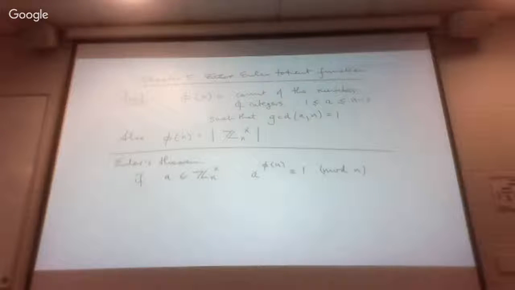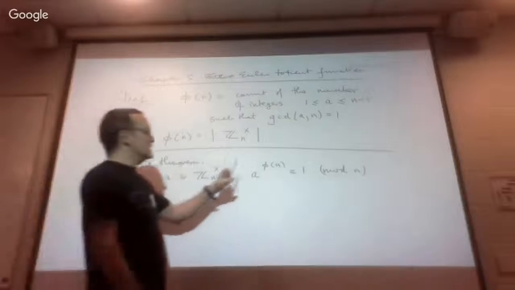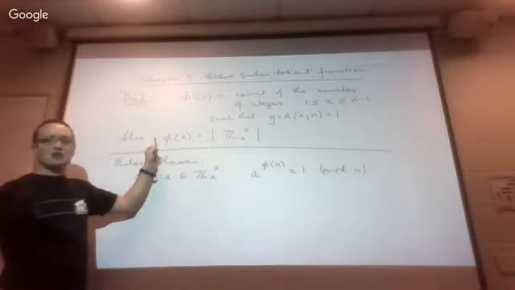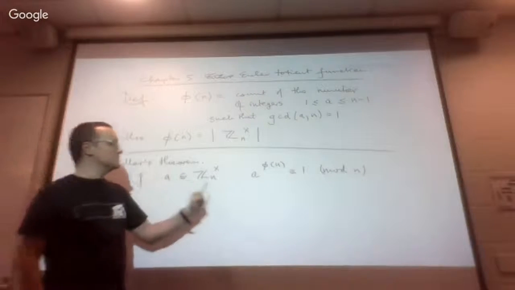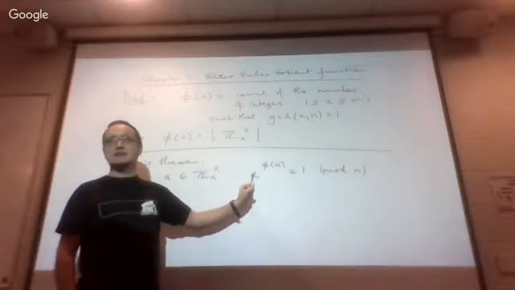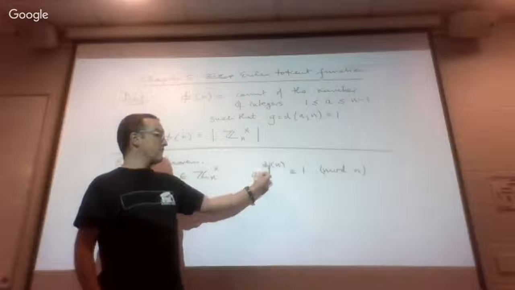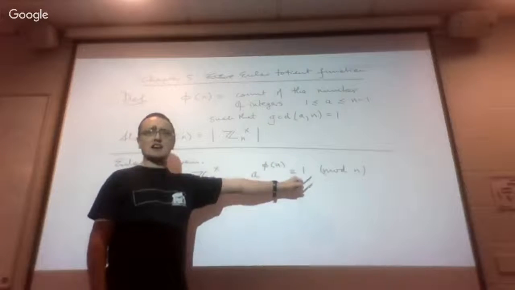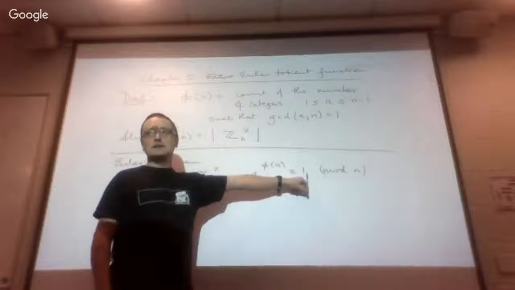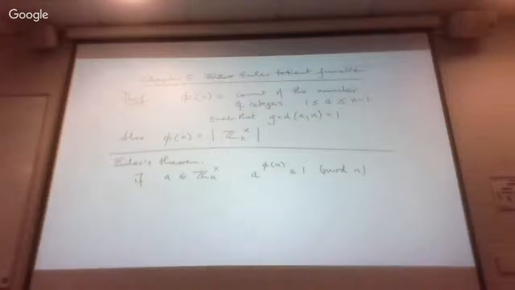So knowing the value of the Euler totient function allows you to simplify exponents or powers of A, because every time there's a factor of phi of n in the exponent, it comes to nothing because it just gives you 1.